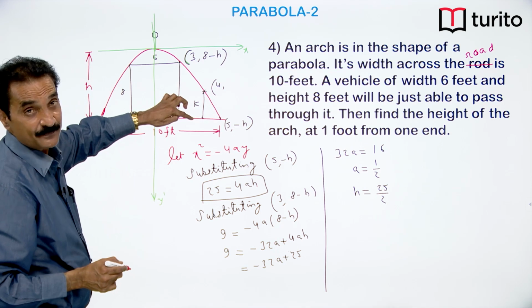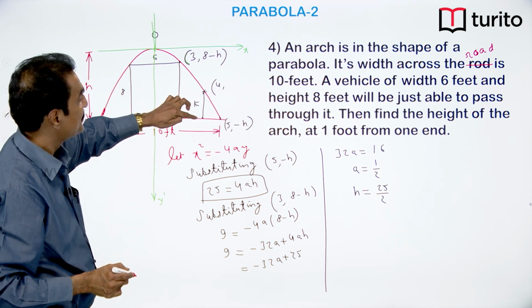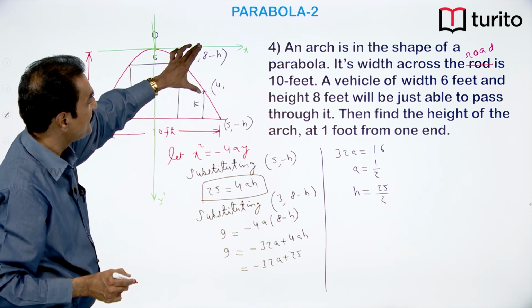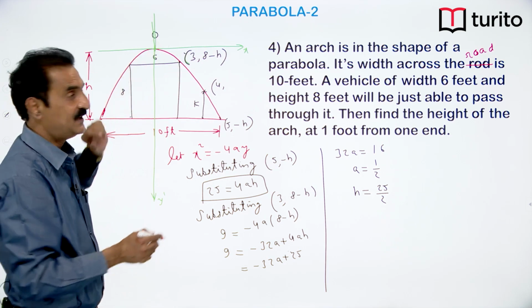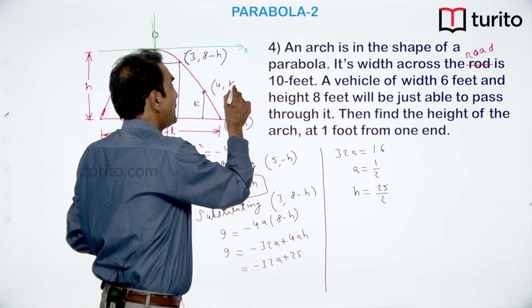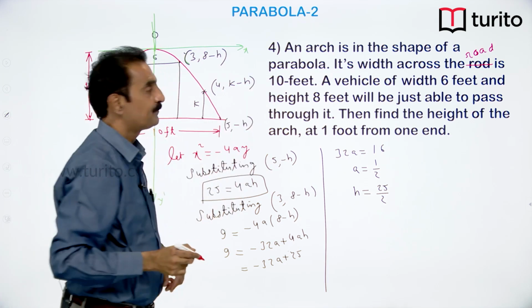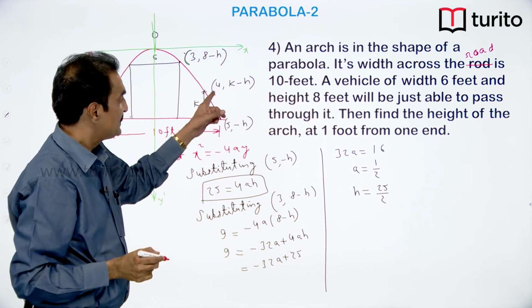This total is h. This is k. So this is h minus k with negative sign. It will be k minus h. Substitute it.